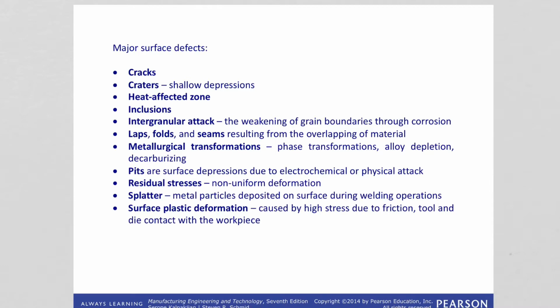These defects usually are caused by a combination of factors such as existing defects in the raw or original material, the method or methods by which the surface has been produced, and improper control of processing parameters such as excessive stress, temperature, and surface deformation. So let's look at the list of the major surface defects found in practice.